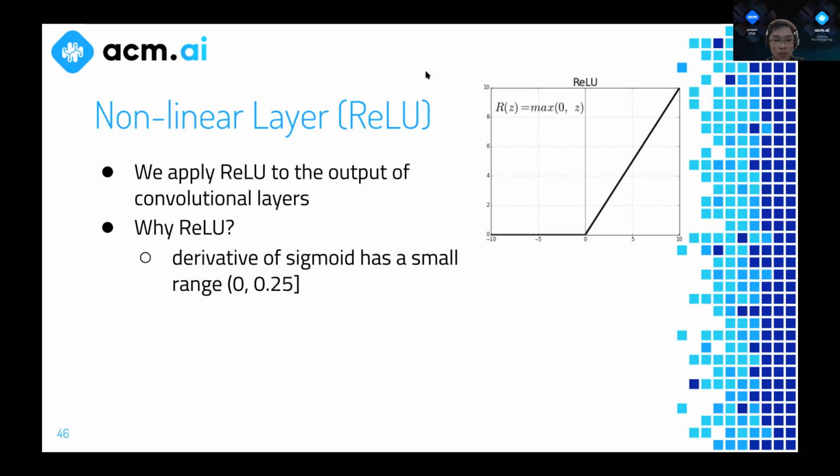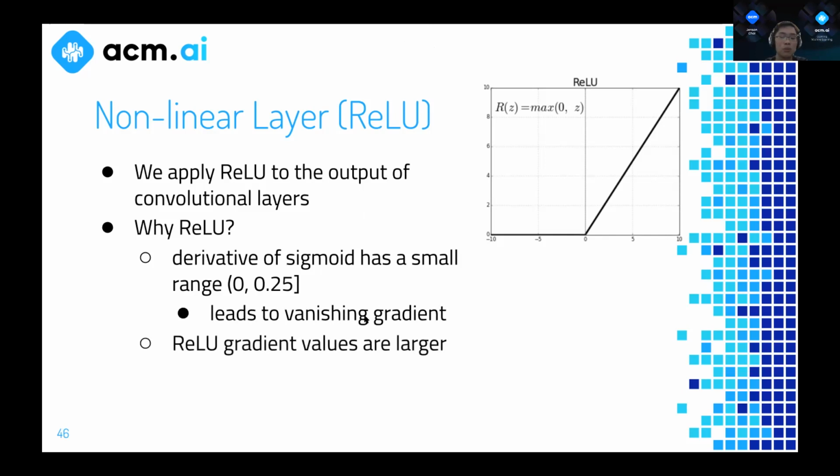The main reason is because the derivative of sigmoid has a relatively small range, between 0 and 0.25. This actually leads to an interesting problem called vanishing gradients if we're dealing with a complex CNN model with a lot of layers.